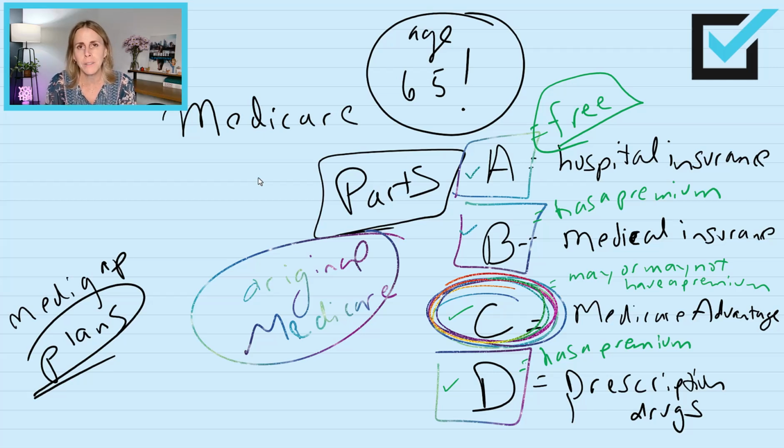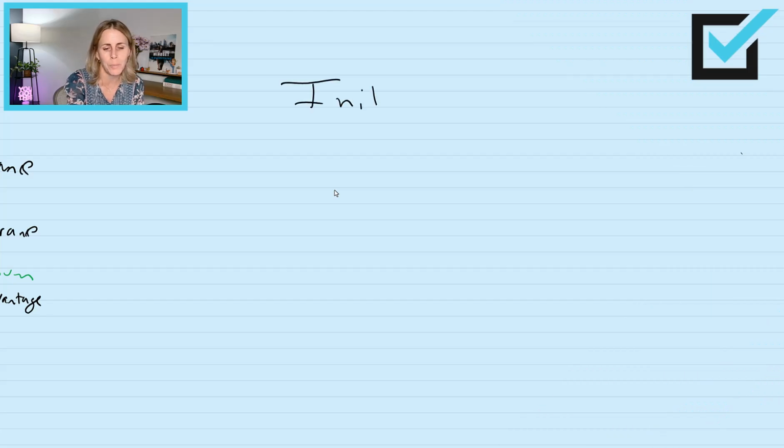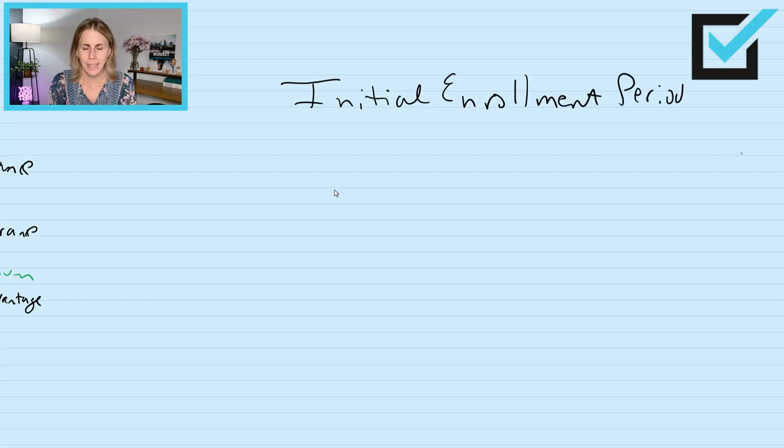When should you enroll? So there is a couple of dates that are unique to be aware of related to Medicare. One is the initial enrollment period. Your initial enrollment period is a period of time where, if you're not automatically enrolled in Medicare, you can choose to enroll in Medicare. If you have retirement benefits before your 65th birthday, when you turn 65, you're automatically enrolled in Medicare.